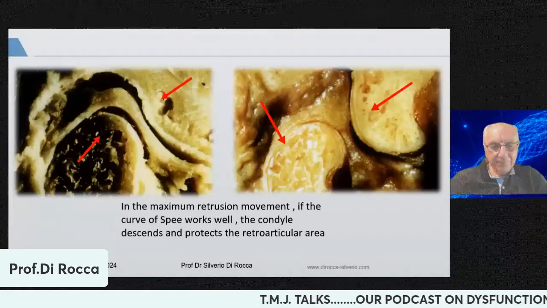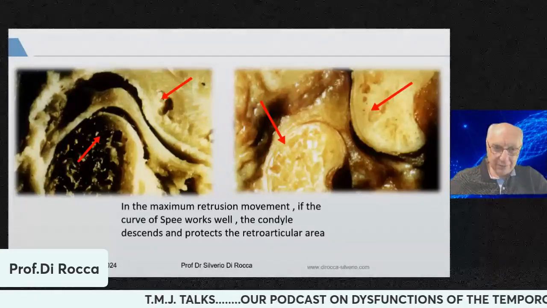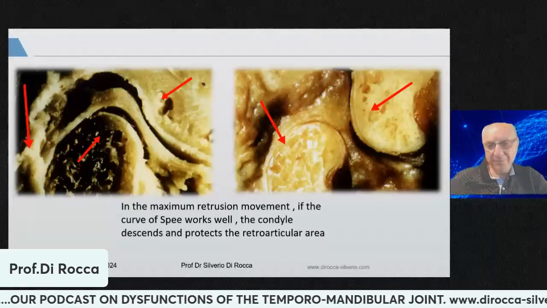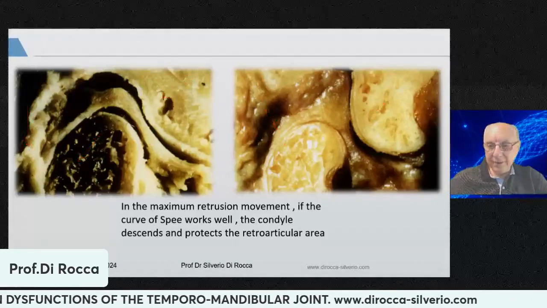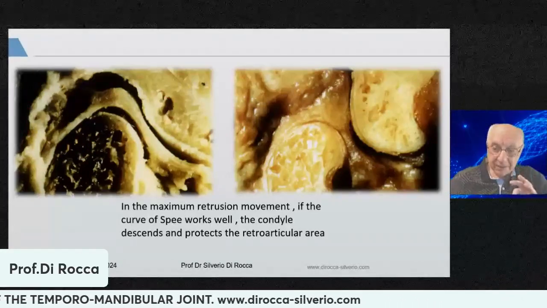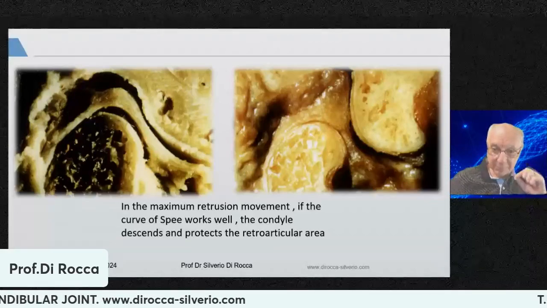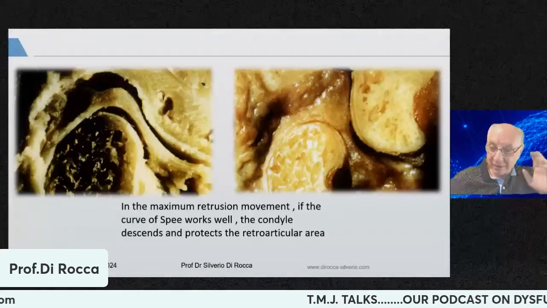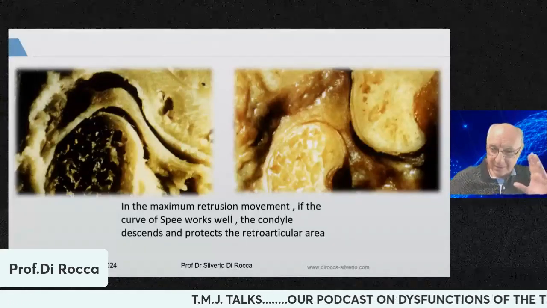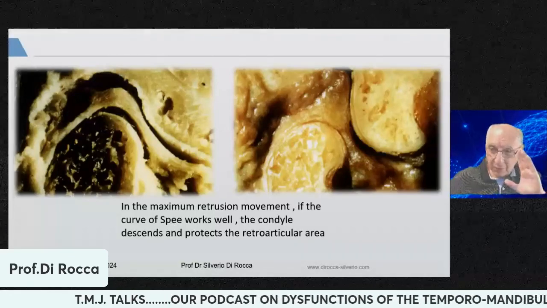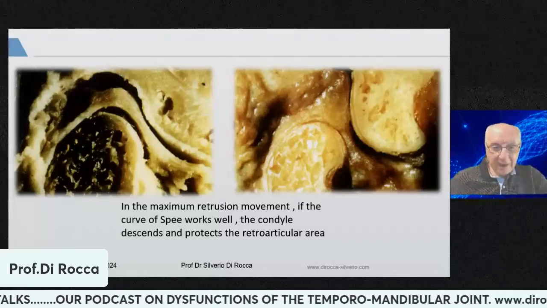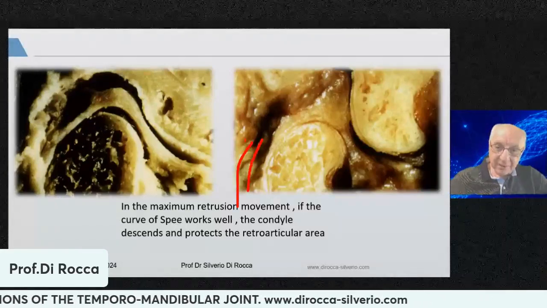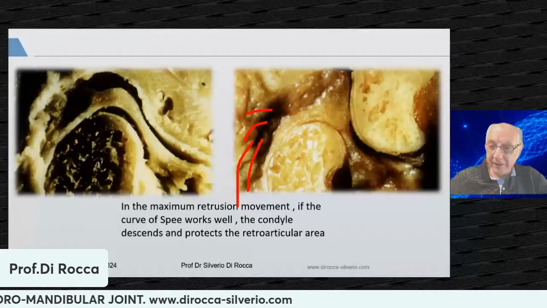In the back of the joint, in this particular area, we have the most important area of the temporomandibular joint. It's called the retrodisc. And from here arrives all the life for the TMJ. All the life.